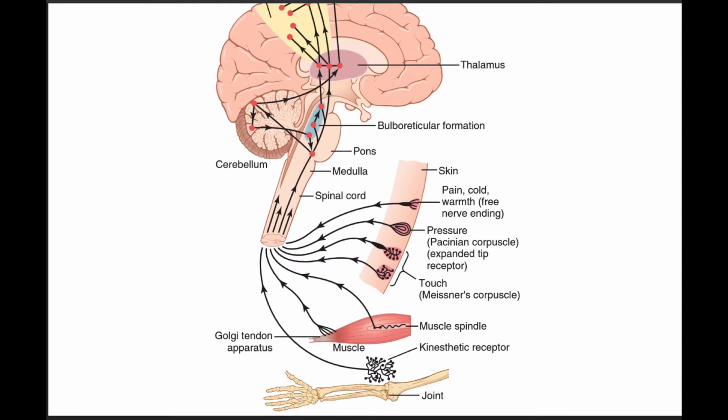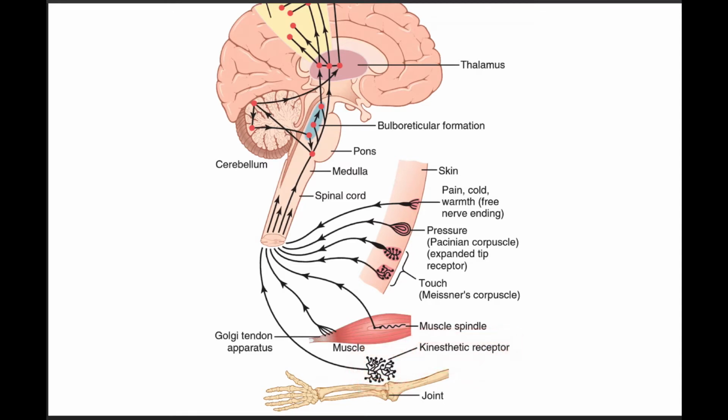There are receptors in the skin that detect pressure sensation, known as Pacinian corpuscles. Other receptors sense touching sensations, called Meissner's corpuscles. You have receptors in the muscles, in the muscle spindle, receptors in the tendons, the Golgi tendon apparatus, and receptors near the joint, kinesthetic receptors.